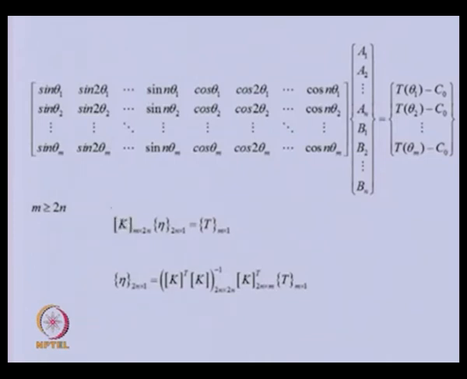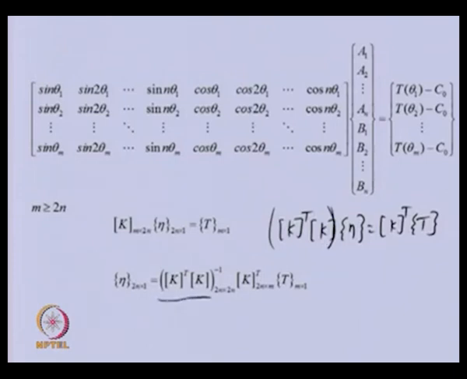So, we will pre-multiply both sides of this equation by the transpose of the K matrix. Now, you can see that this particular matrix will be a square matrix, and this can be inverted. This is what we have done here. So, this we inverted, and this particular matrix is called the pseudo inverse, or basically this is nothing but the least square fit.